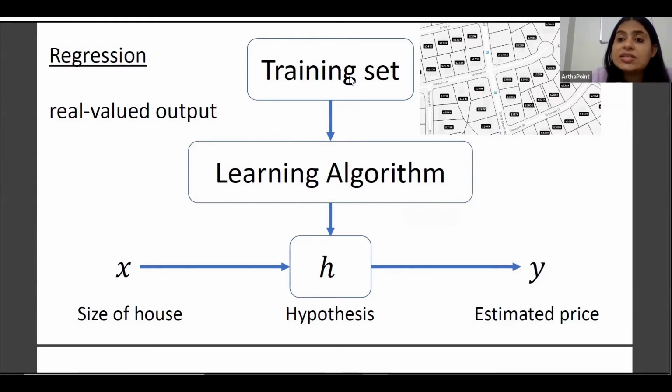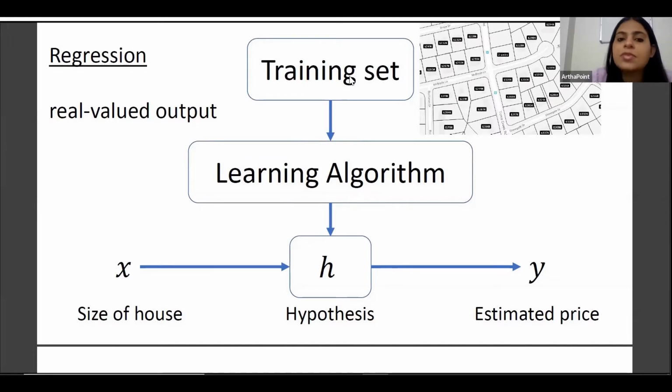The training data set is what we show the machine. After we show the machine the training data set, we apply a learning algorithm on that training data set. The algorithm can be anything. It can be linear regression, it can be naive Bayes, it can be any other supervised machine learning technique. And then we keep a hypothesis in mind.